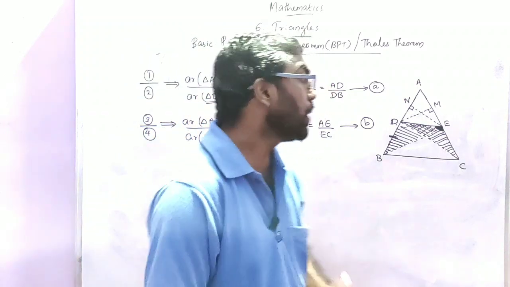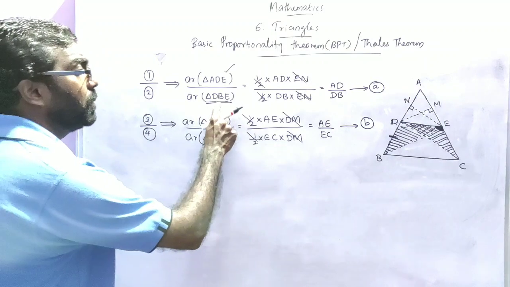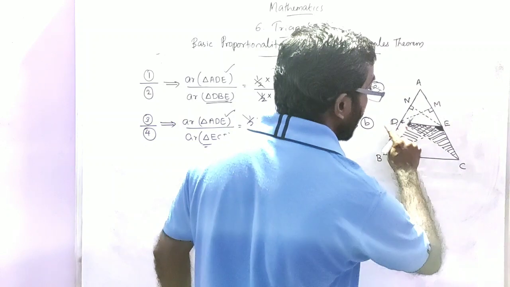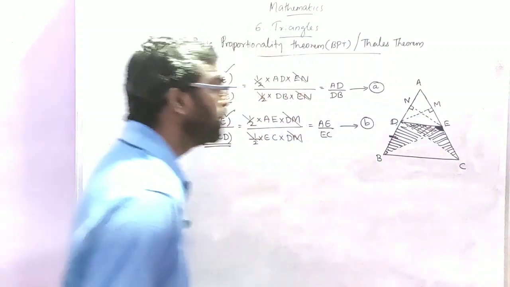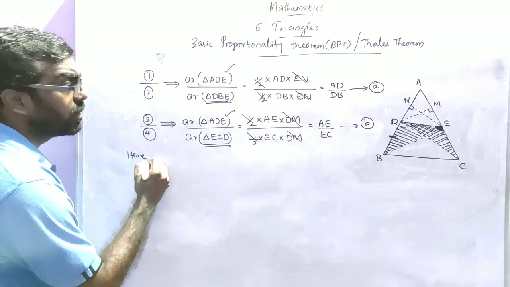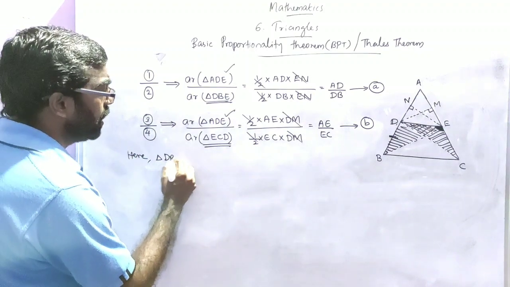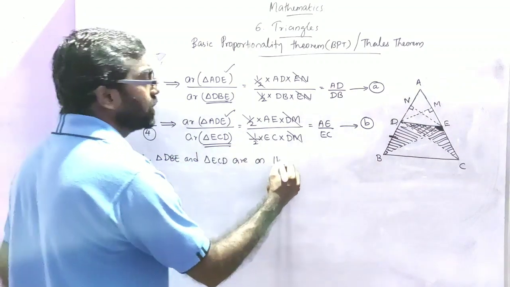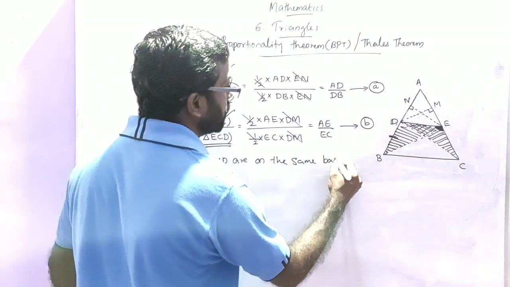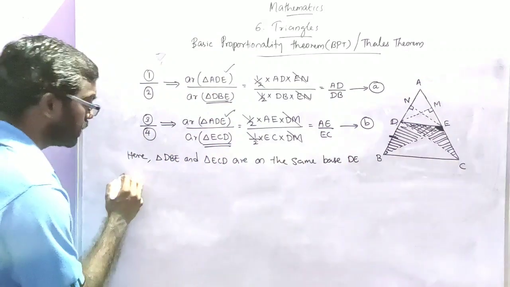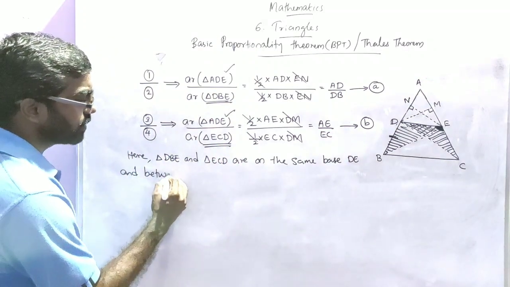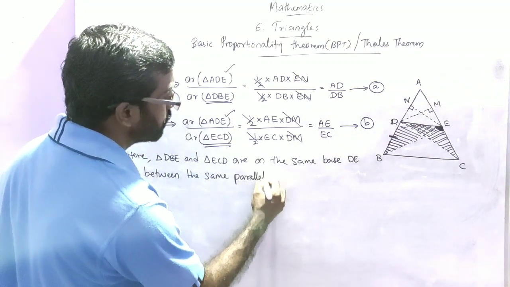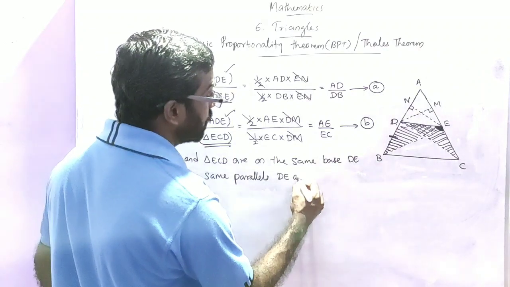Do you remember? Anyhow, here triangle DBE and triangle ECD are on the same base DE and between the same parallels DE and BC.